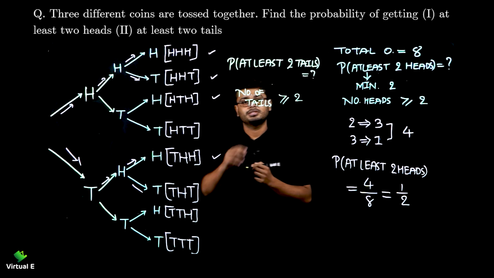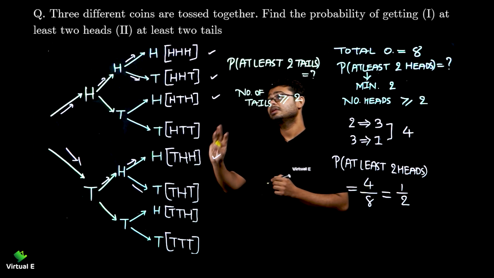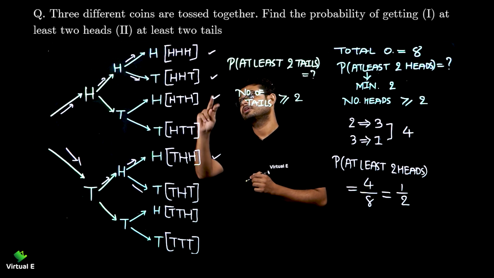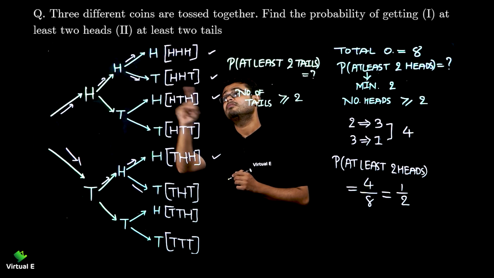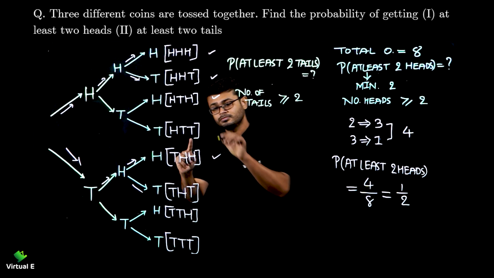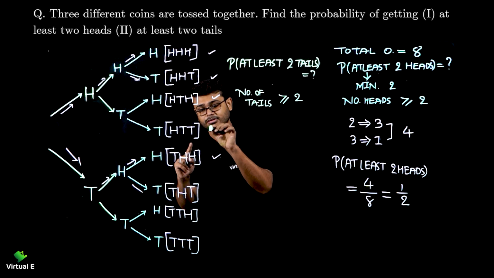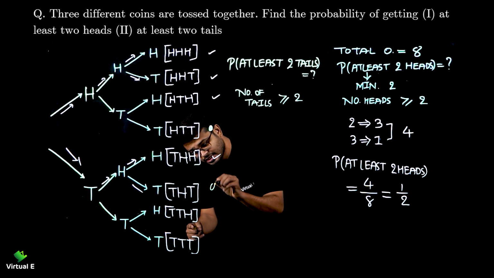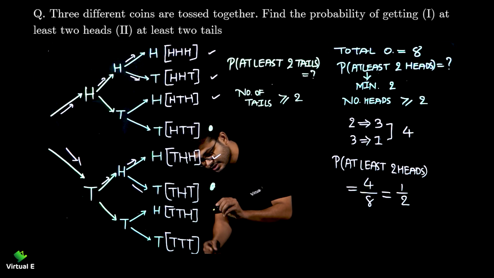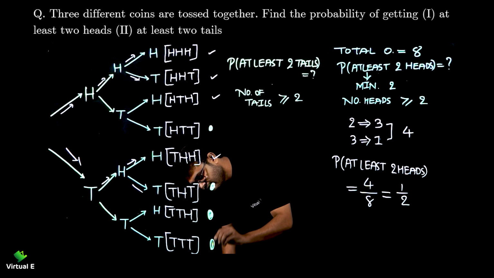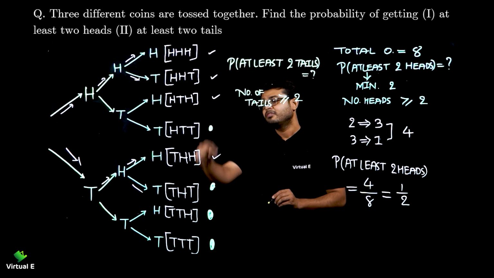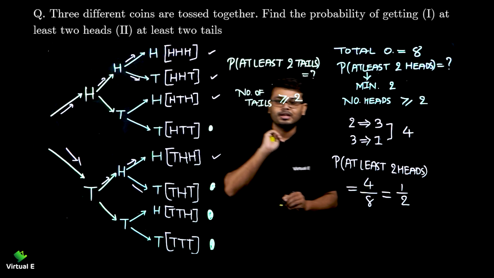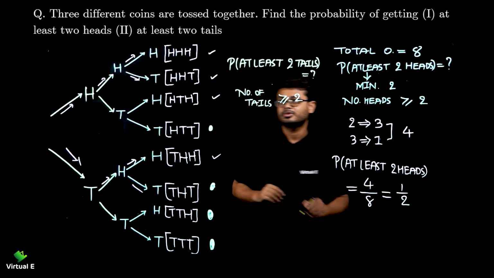So 2 tails are accepted and 3 tails are accepted. Let's see over here: 2 tails, no tail, 1 tail, here 2. Okay, so this is our interested outcome first. Then 1 tail not accepted, 2 tails accepted, then 2 tails accepted here as well, and finally 3 tails. See, 4 favorable outcomes here as well, similar to the previous one.